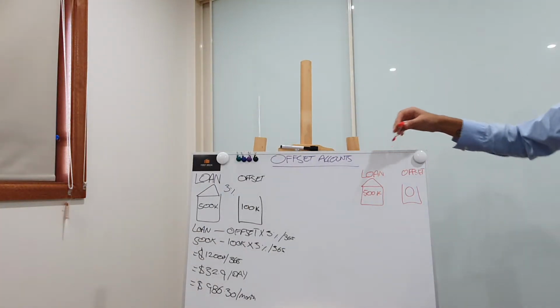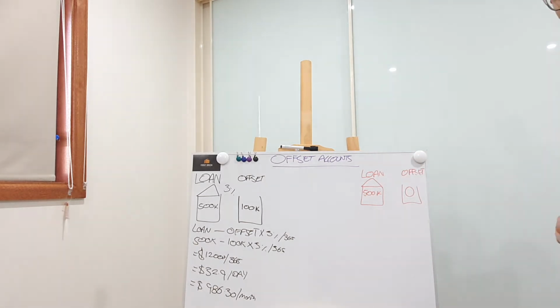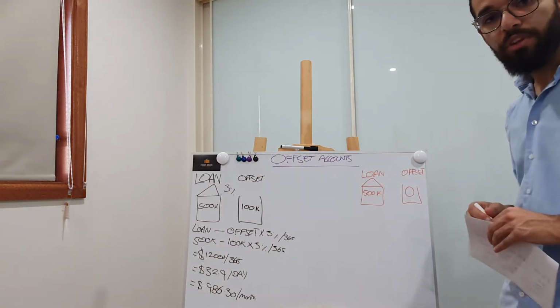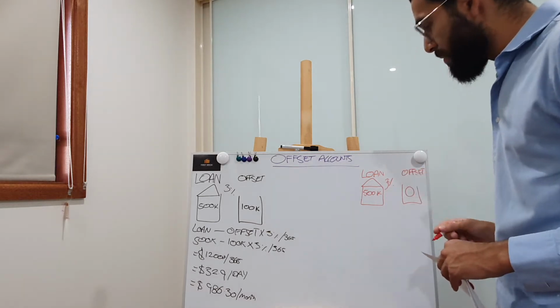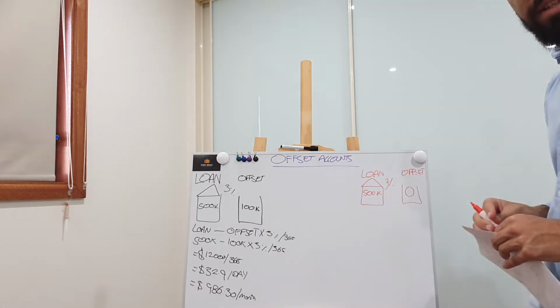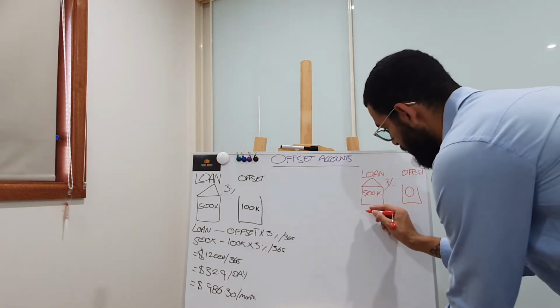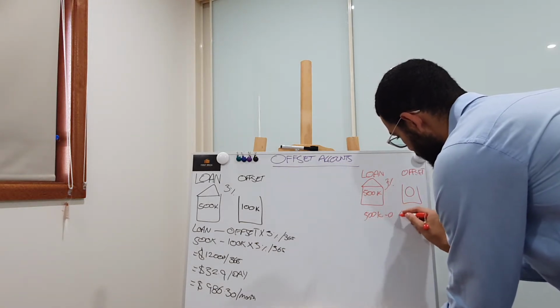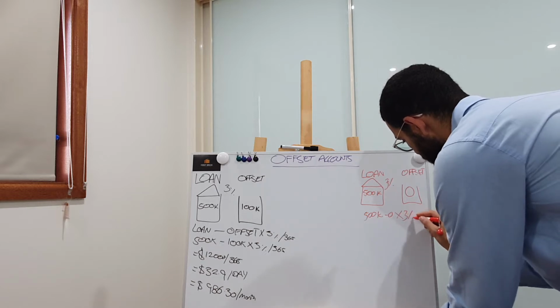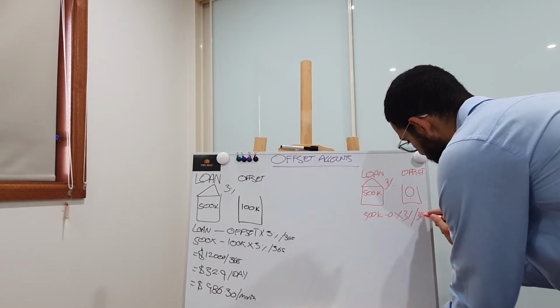Now we'll go to this side here where you have a $500,000 loan again. You have nothing in your offset and your offset doesn't increase, and again we'll go 3%. So the bank does the same procedure. We'll work this out. 500k minus 0, times 3%, divided by 365.